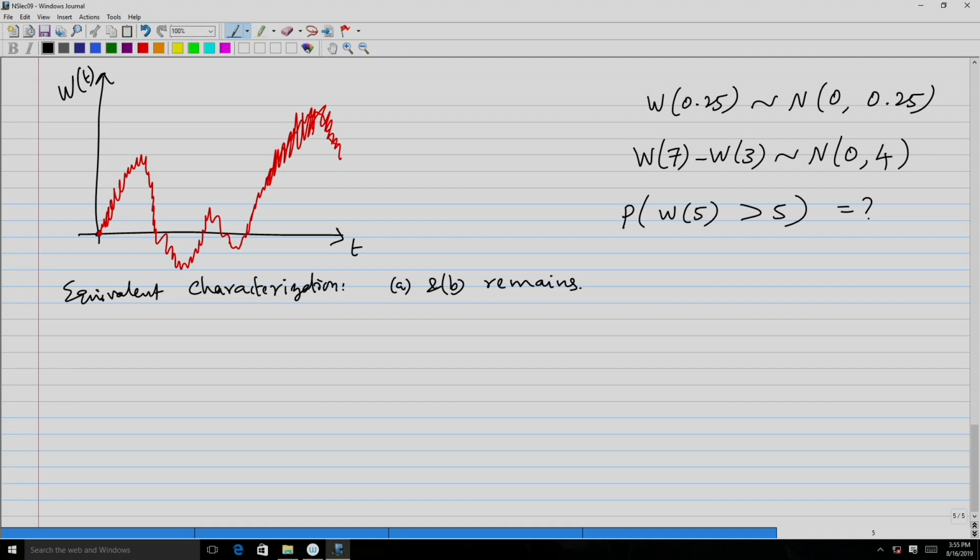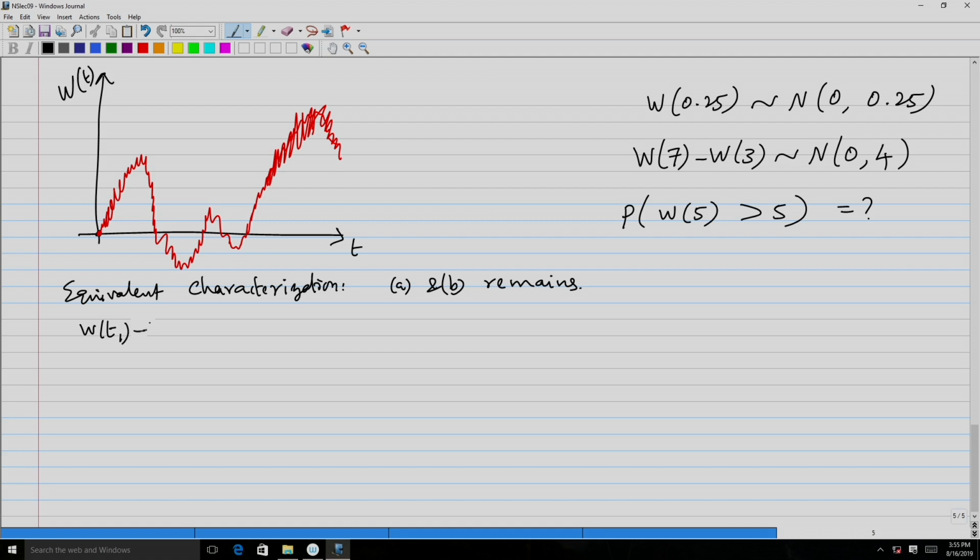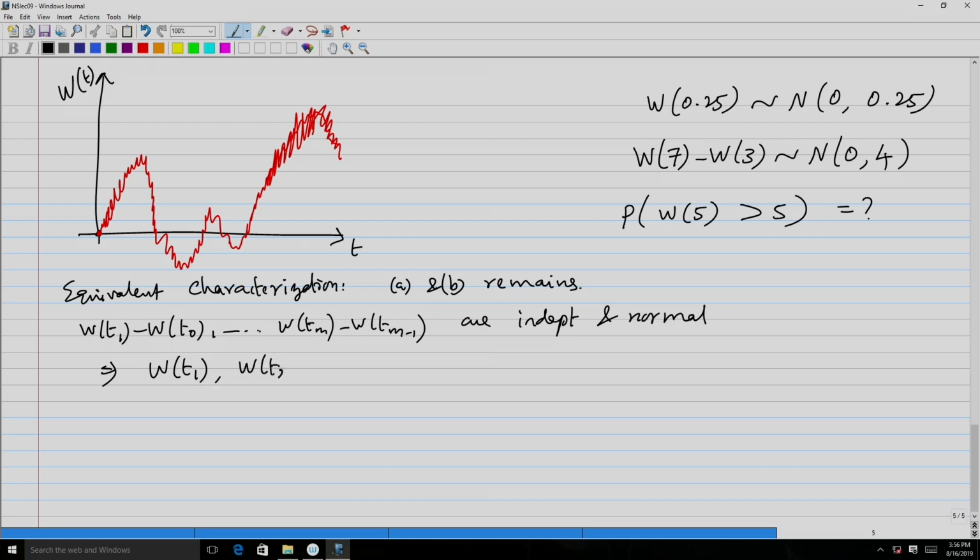Now, because the increments, say W T1 minus W T naught and so on, W Tm minus W T m minus 1, are independent and normal, this implies that the random variables W T1, W T2 and so on, W Tm are jointly normal.